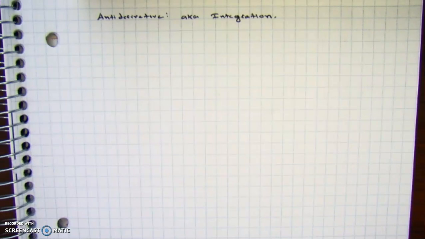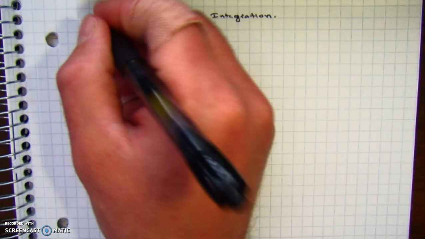Because really what we're doing when we do antiderivatives or integration is the question that we're asking ourselves is what function would I have to take the derivative of in order to get f of x, or a sort of backwards integration.